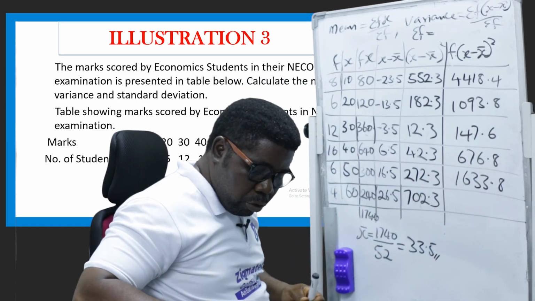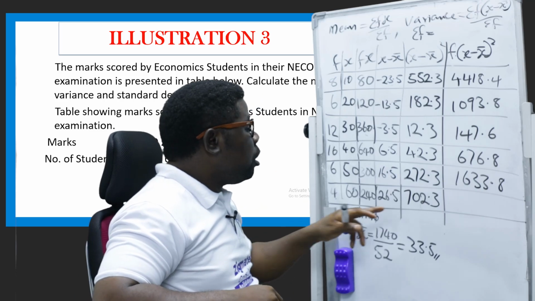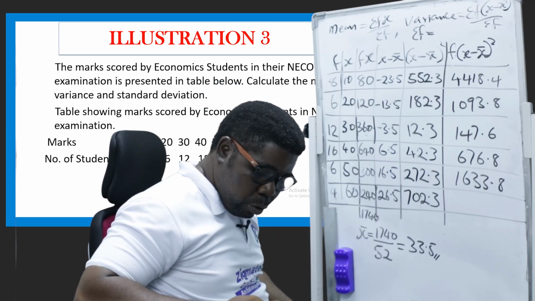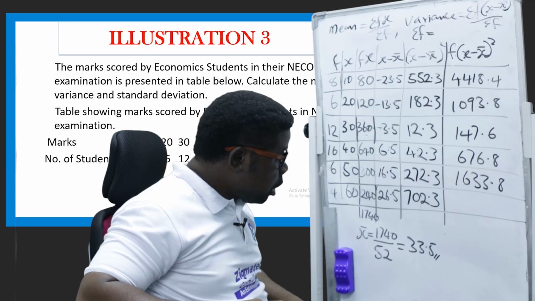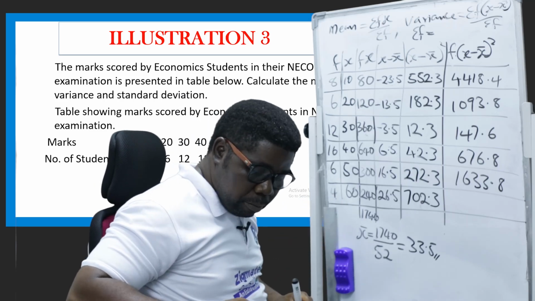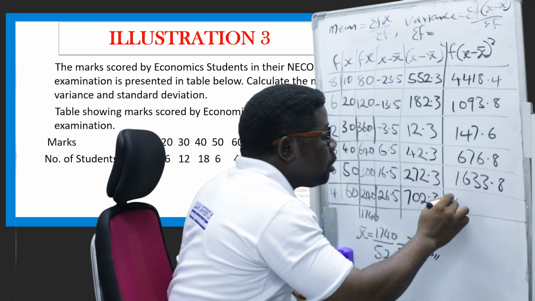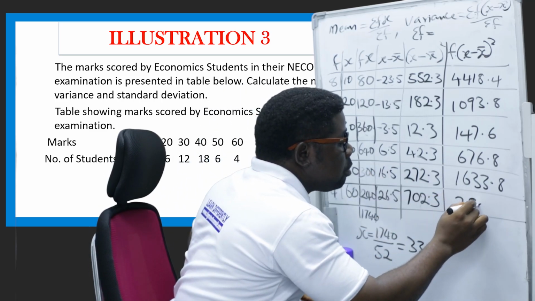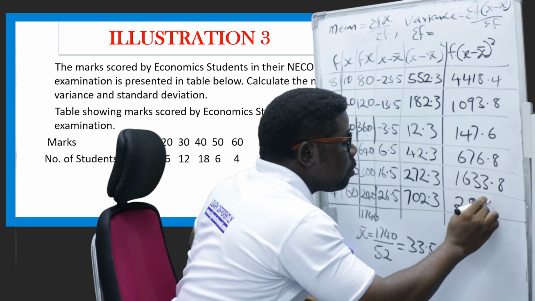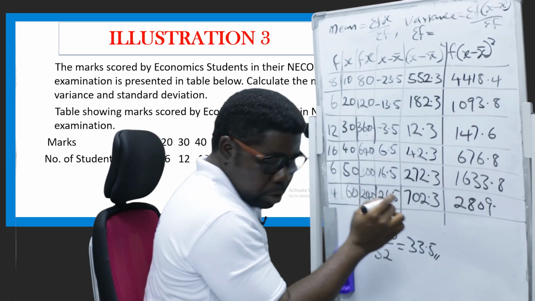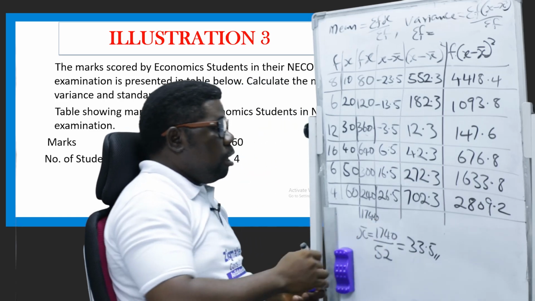And we also did the remaining one, which is 702.3 times 4. What's our answer? 2809.2.